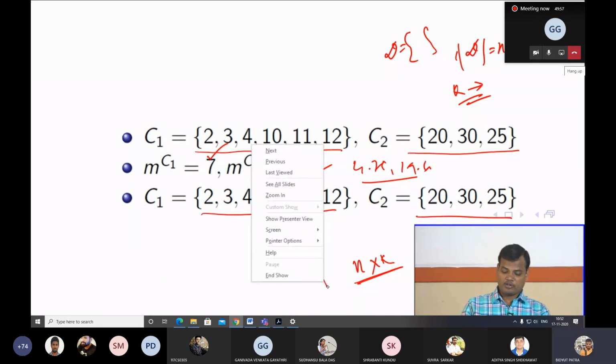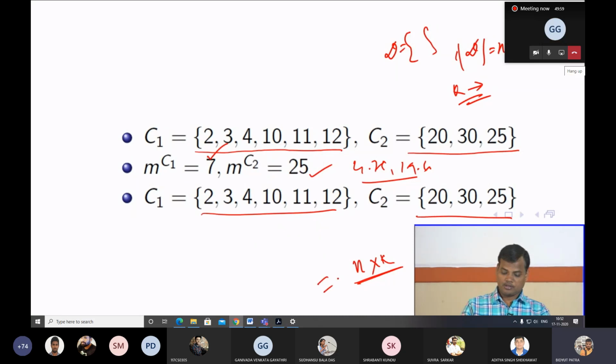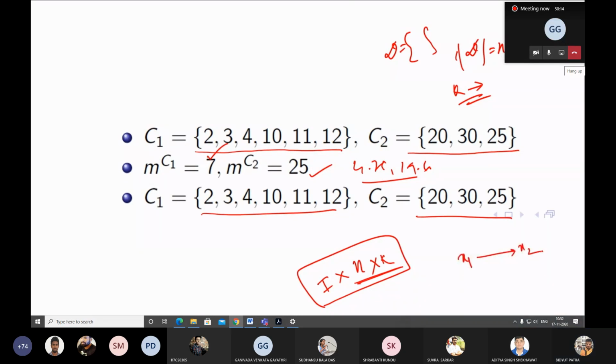And if you have I number of iterations, you are computing that many distances. And for each distance computation, what is the complexity? Suppose you have a point x1 and another point x2. If you compute the Euclidean distance, what are you doing? Dimension-wise, you are taking the square.